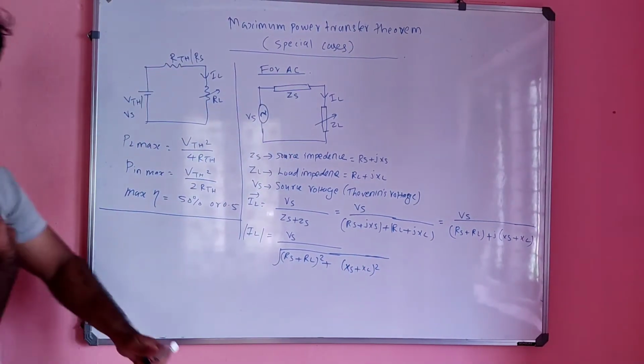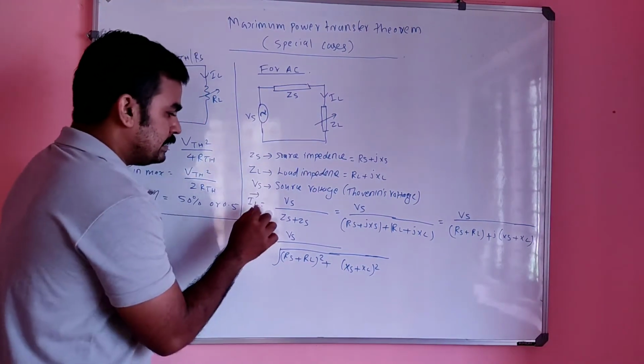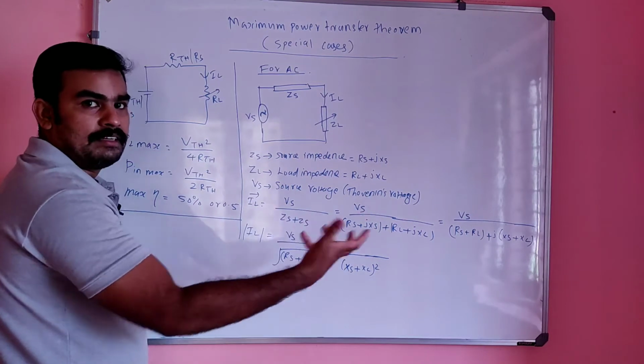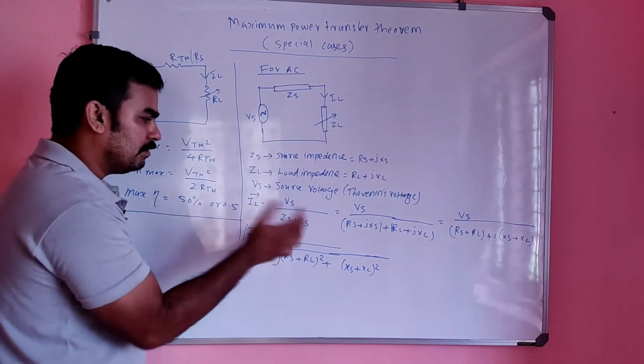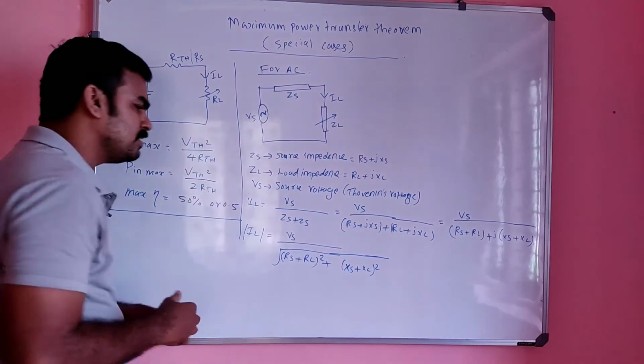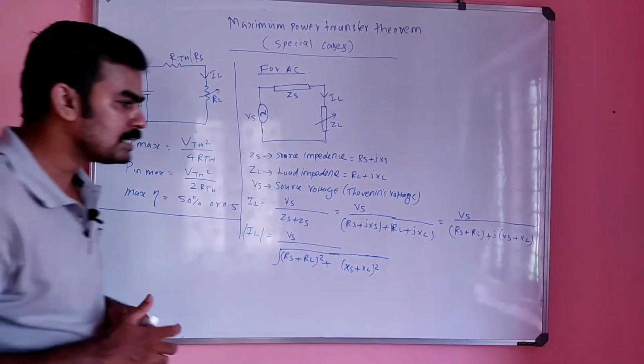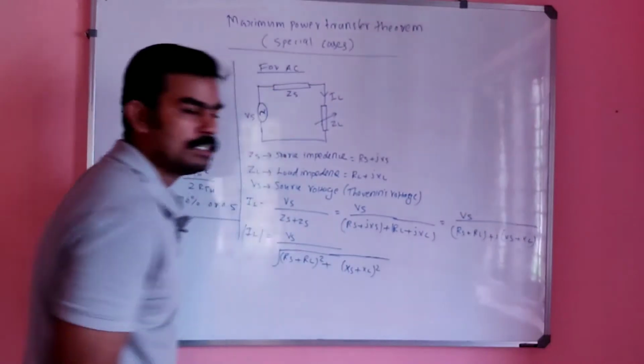This is in vector form. IL will have some real term and imaginary term, that means simply a complex term, a vector or complex term. Vs divided by Rs plus jX is a complex term.